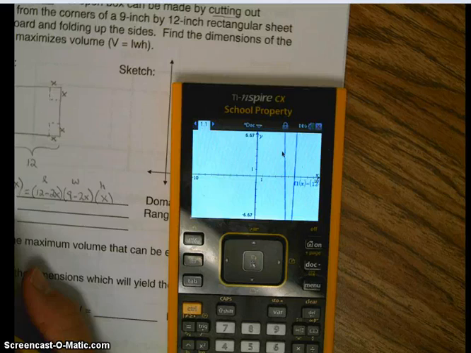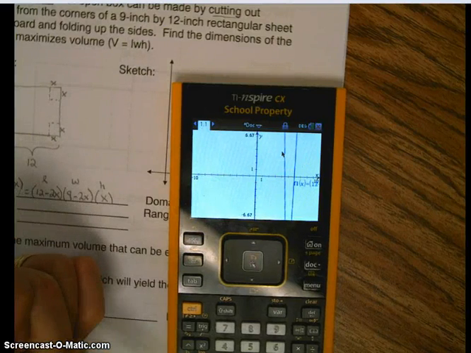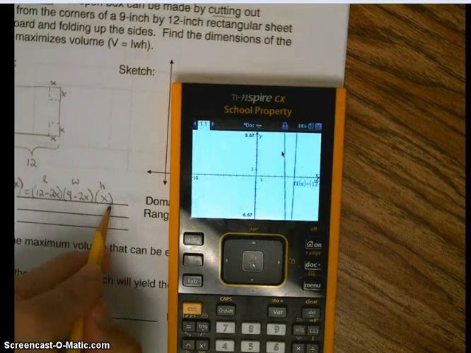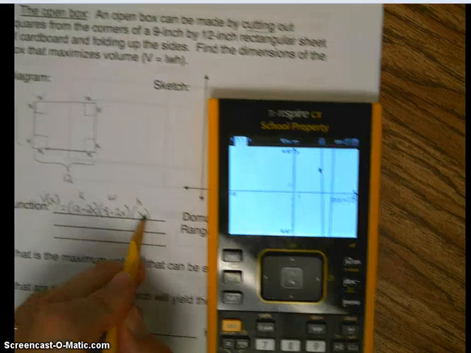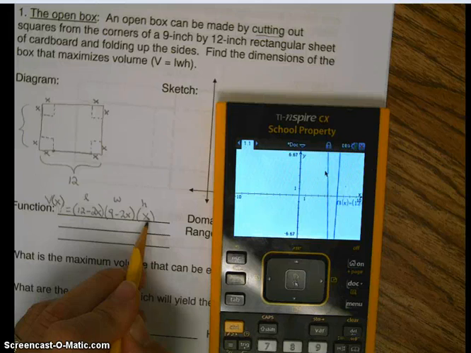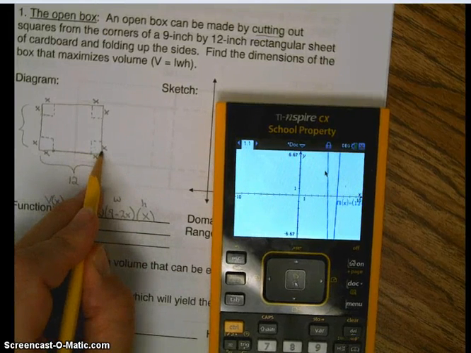Okay, so we got this funky looking graph here. So first of all, what is going to be our minimum height? 0 would mean that we would have no height on our box.